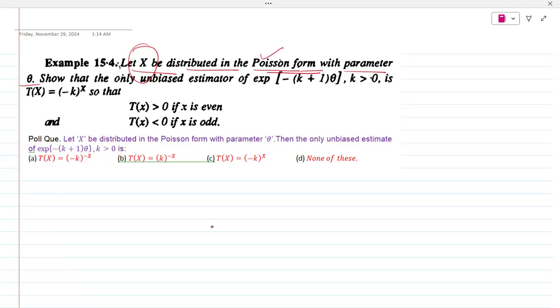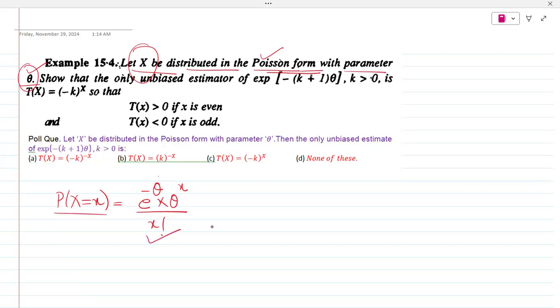If theta is the parameter of this Poisson distribution, then the probability that X takes the value x is e to the power minus theta, theta raised to power x, divided by x factorial. This is the PMF, the probability mass function of the Poisson distribution.